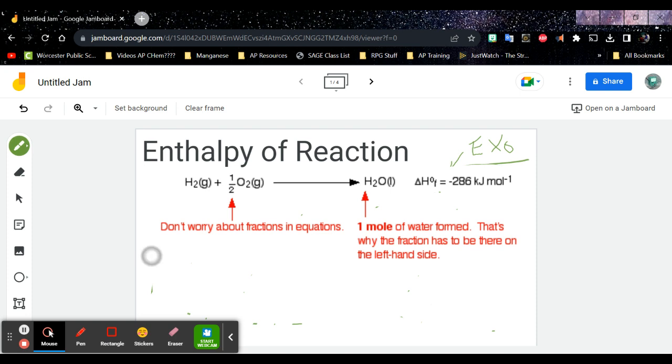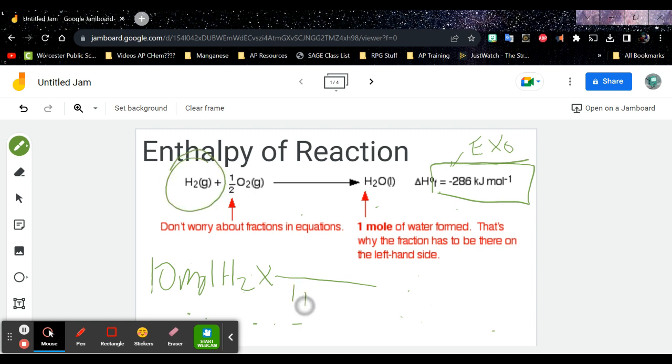So let's say I have 10 moles of hydrogen gas, and I want to know how much energy is produced, because this is exothermic, when 10 moles of hydrogen gas are reacted. Well, now I have a very simple conversion factor I can use. 1 mole of hydrogen gas produces negative 286 kilojoules of energy.